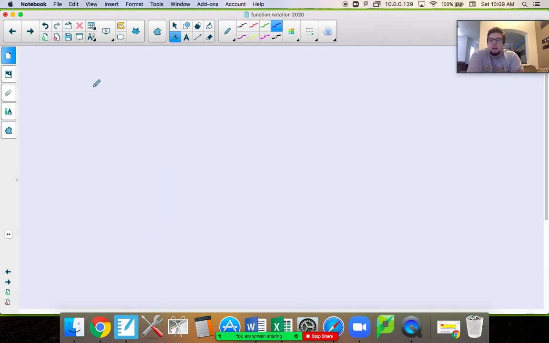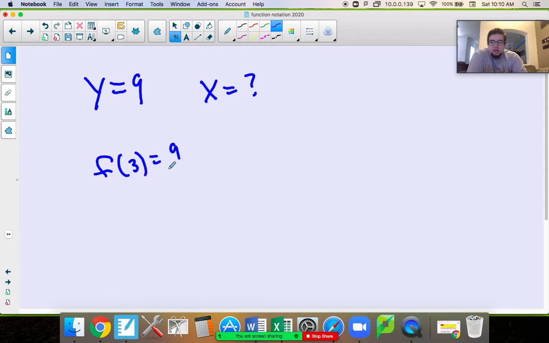If you just saw y equals 9 in our old notation, you'd be wondering what was the input, x equals what? But if you saw f of 3 equals 9, you automatically know, oh, x is 3, y is 9. You have both pieces of information without having to do any extra work or write anything extra. It's all in this one concise location.